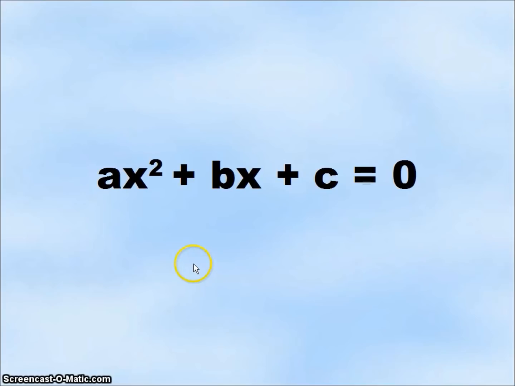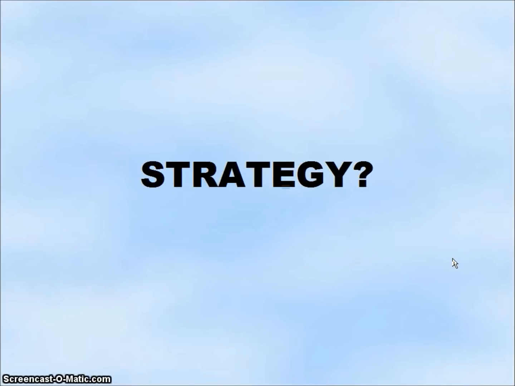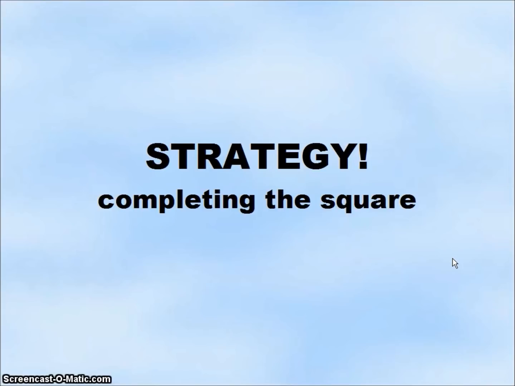And I want to be able to do this so I have a solution for x for any A, B, and C. A strategy. Well, our strategy is going to be completing the square. Hopefully you'll remember this from when you talked about things in your class about factoring.